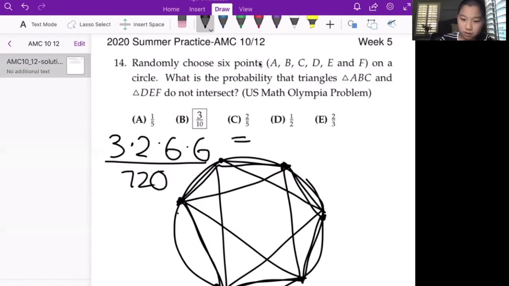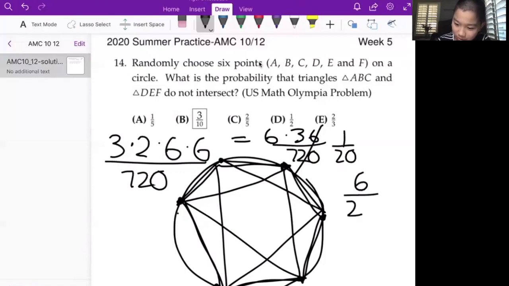So this is equal to 3 times 2 is 6, 6 times 6 is 36, over 720. So we know that 36 over 720 is equal to 1 over 20. So 6 times 1 over 20, so 6 over 20, that simplifies down to 3 over 10.